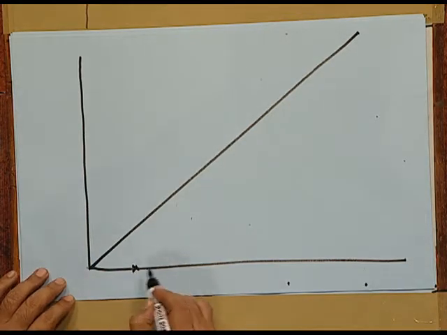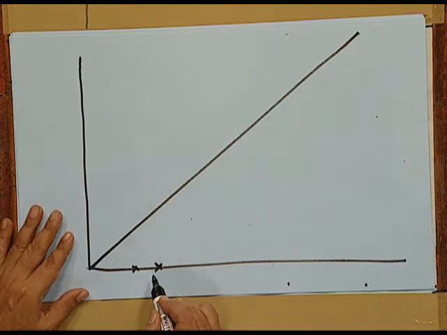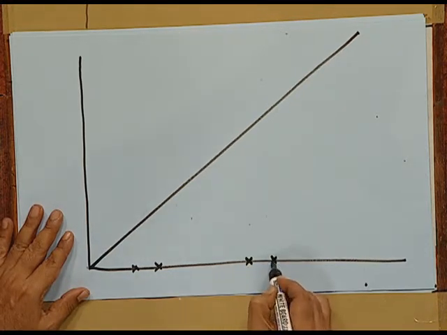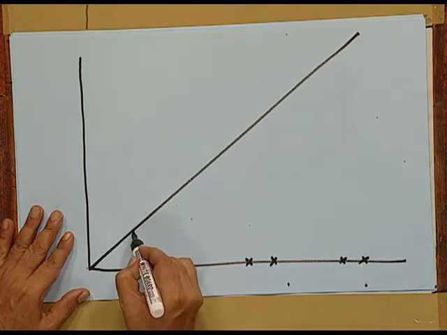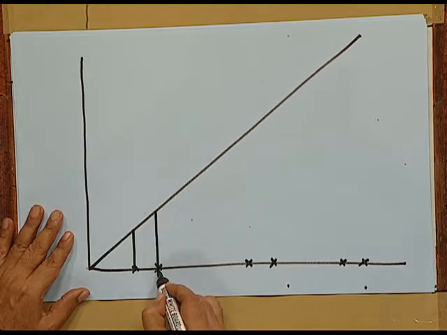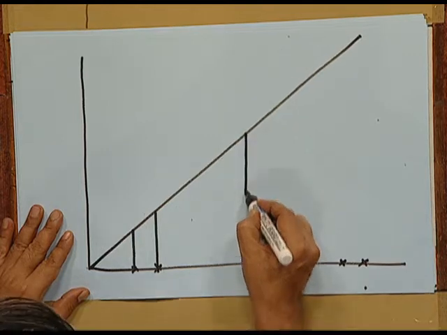Let us take the same intervals of time at different timings, which I am marking here on the graph. Look at the delta x in different intervals.